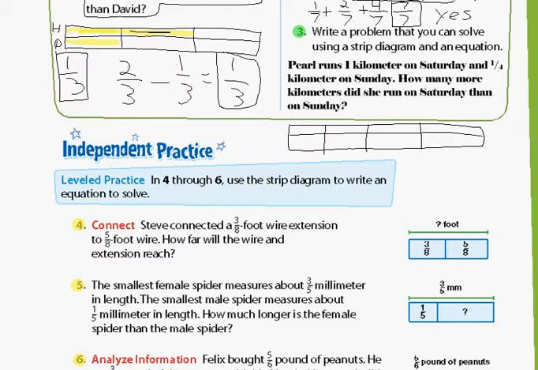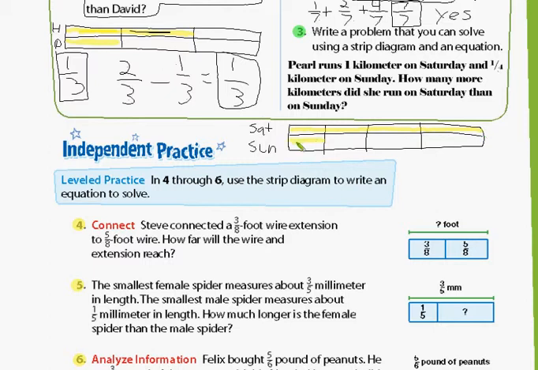The top one is Saturday, and the bottom is Sunday. On Saturday, she ran 4/4, or a whole mile, and on Sunday she only ran 1/4.